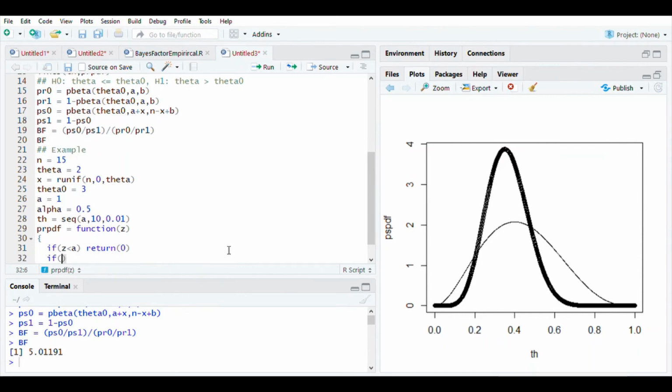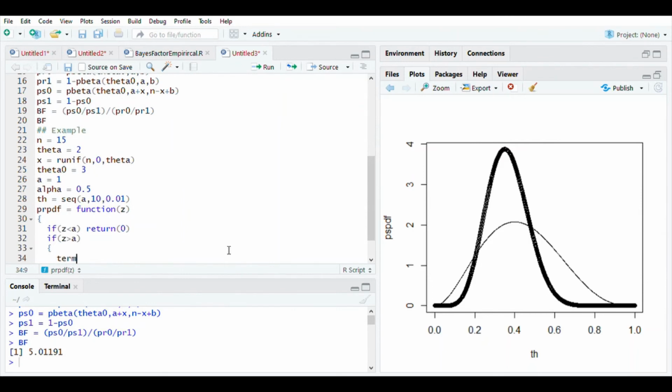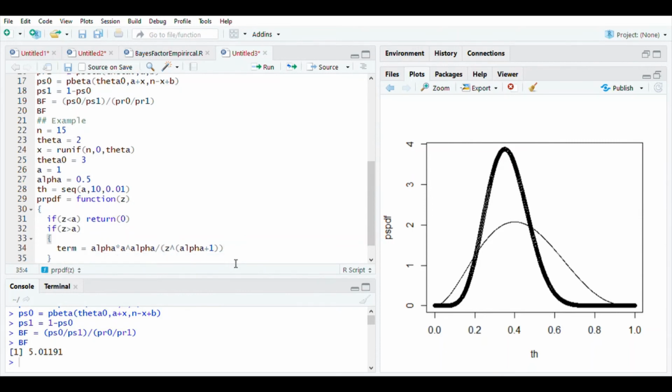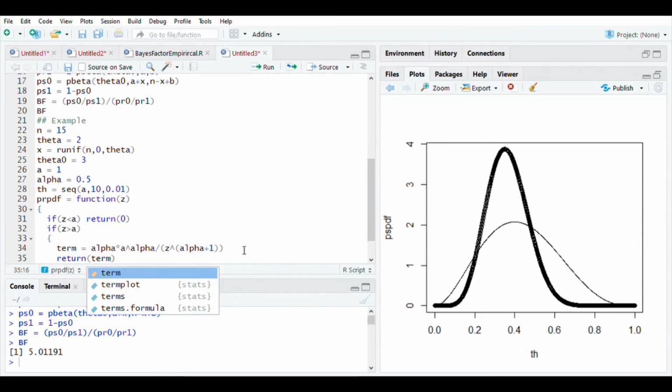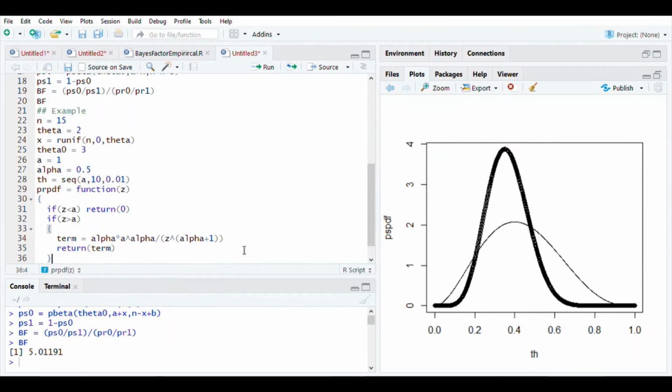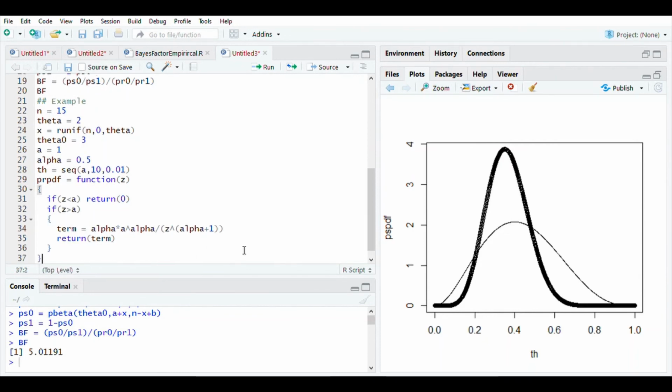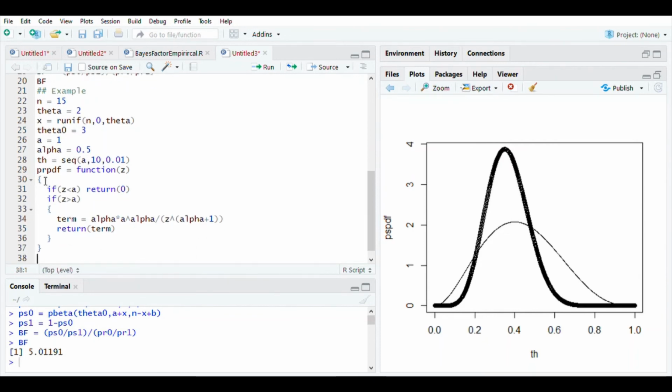If z is greater than A, term will be equal to alpha into A raised to alpha upon z raised to alpha plus 1, instead of th. Then return the term. Okay, so this is how the function should work. Similarly the posterior PDF will be like this.